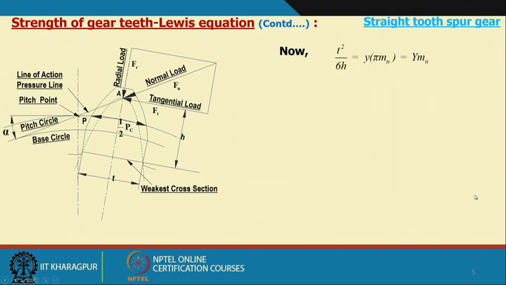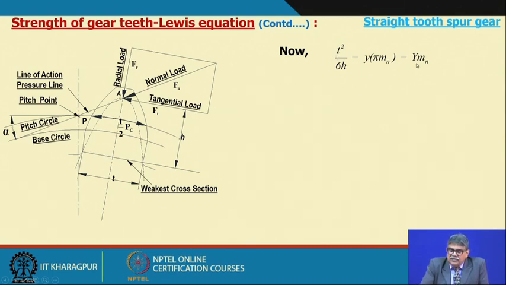Now, t square by 6 h can be related with the pitch, which is equal to pi into m n, where m n is the module. We will come to the module concept later. This can be expressed as y into pi m n, because with a selected module, this t will have a definite distance.